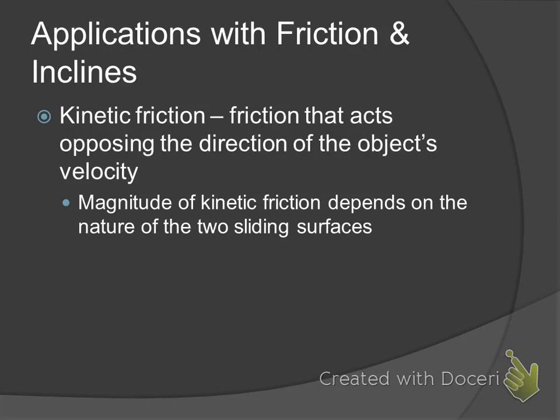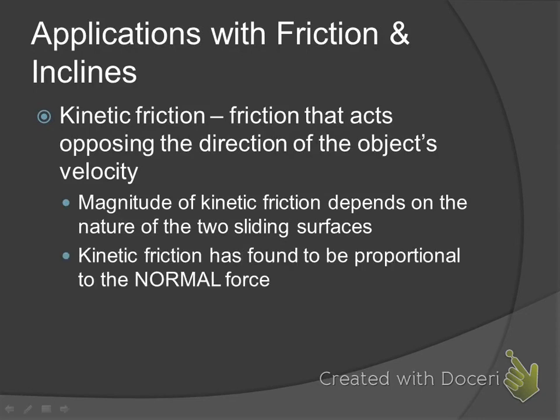Yes, right? But if I'm rubbing an ice cube on ice, a lot of friction or no? No. So the amount of friction not only depends on the size of the object and all that kind of stuff, but it also depends on the two surfaces that are interacting with each other, the two surfaces that are doing the sliding or colliding or whatever you want to call it.